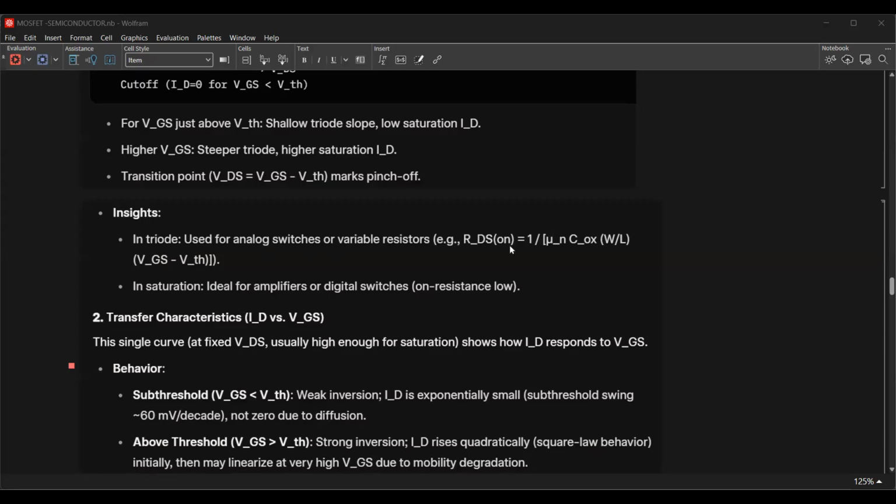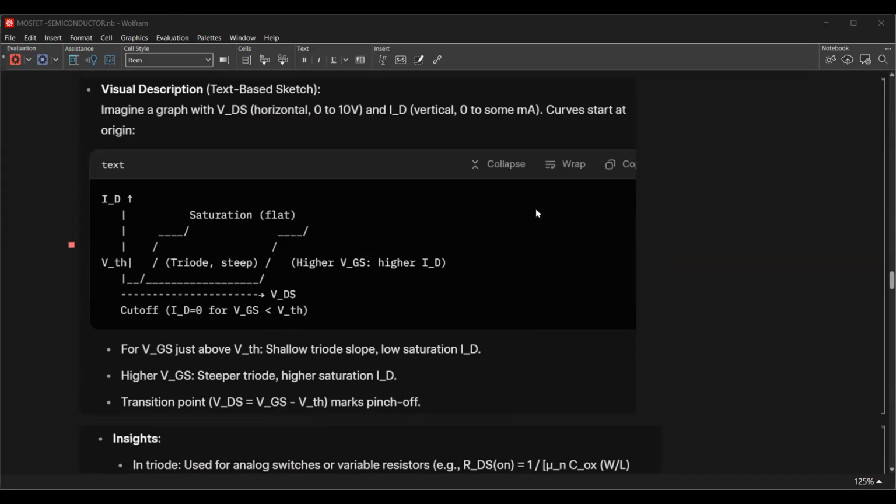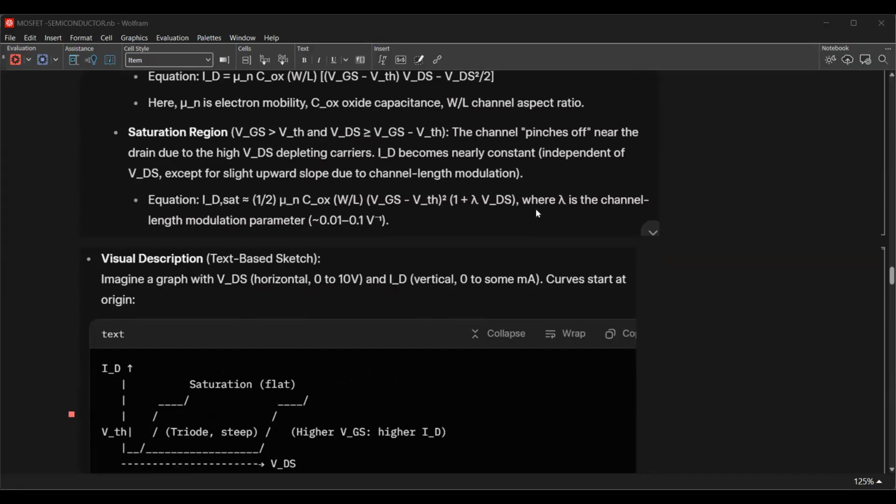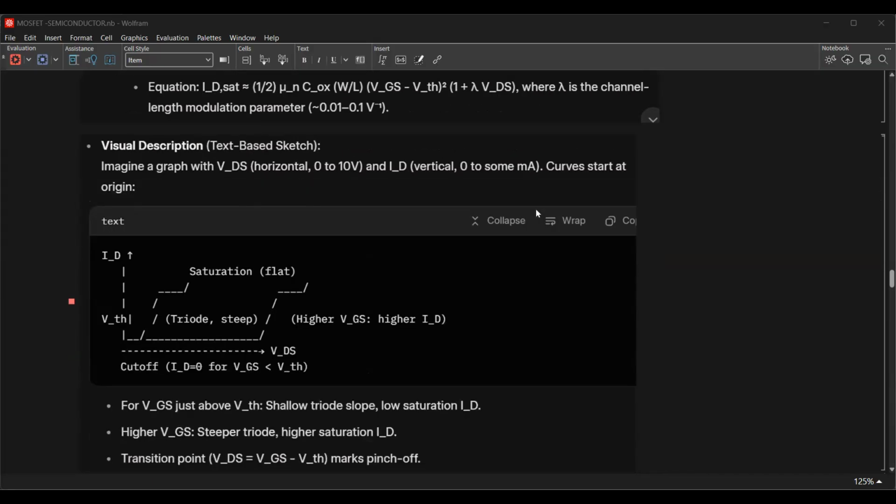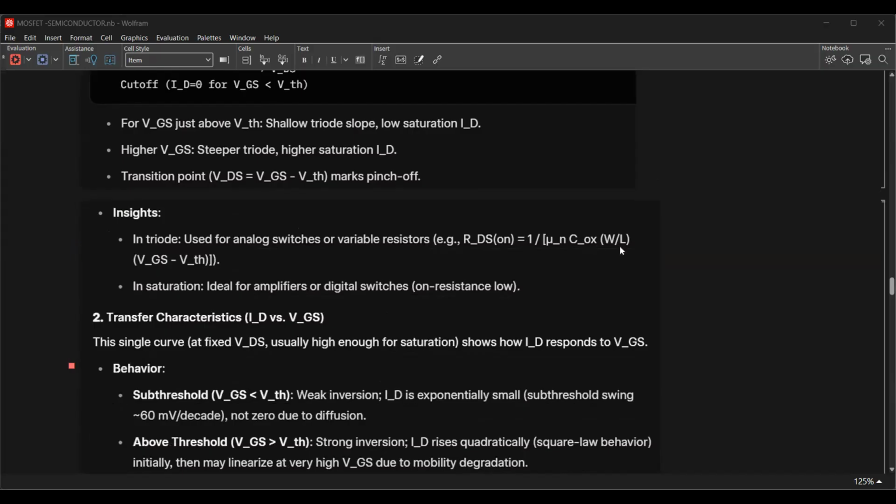The value of the resistance between the drain and the source is approximately 1 over mu sub n times the oxide capacitance times W over L. The W over L here is what we call the channel aspect ratio. Then we multiply this by VGS minus VTH.